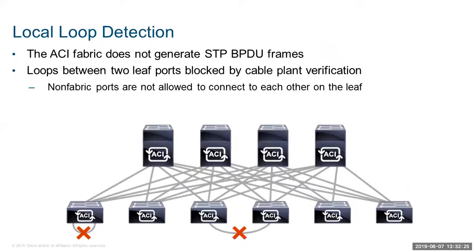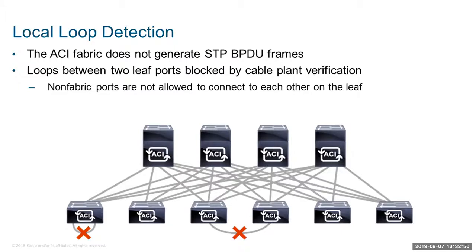As far as local loop detection, we know that ACI does not use spanning tree protocol. So how will it prevent local loops? Well, it has a cable plant verification protocol always enabled. Checks if a leaf node is connected to a leaf node, shut it down.